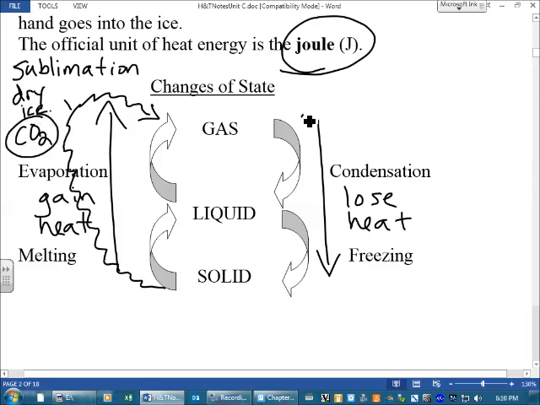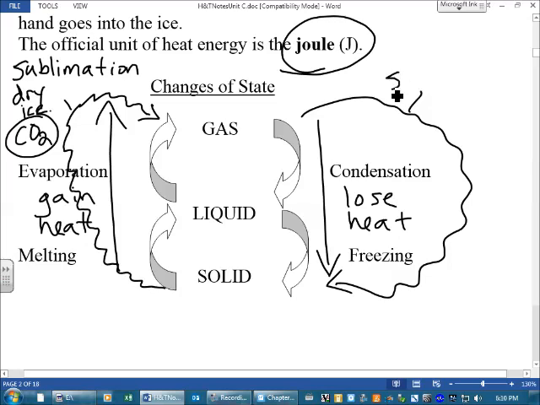Okay. Now, it also happens in the other direction. We go from a gas back to a solid without becoming a liquid. That is also called sublimation. An example of that one is frost. So at nighttime, there's water vapor in the air.